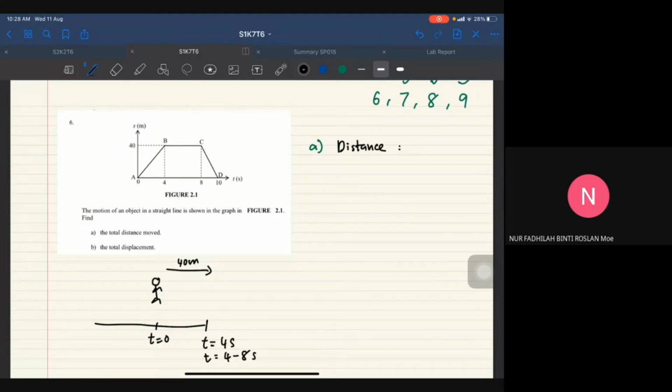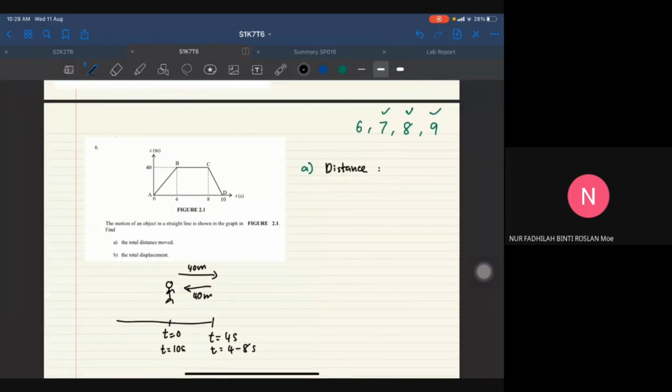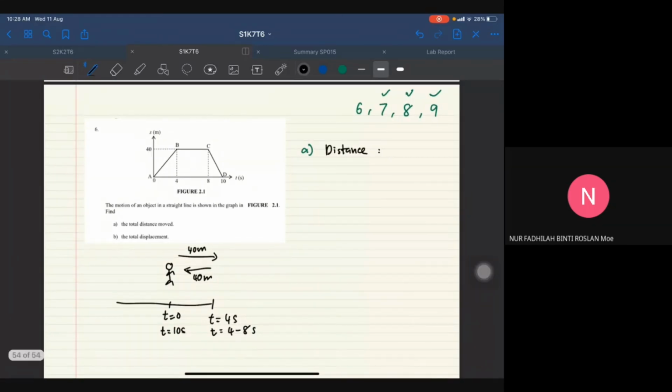But then after that, from 8 to 10 second dia actually goes back to the initial position. Dia gerak ke kiri sebanyak 40 meter. Understand or not? Understand. Okay. So kalau kamu faham macam ni, distance is basically just a total distance yang dia travel. So that means it will be 40 plus 40, which is equals to 80 meter. Okay, there's no direction lah.